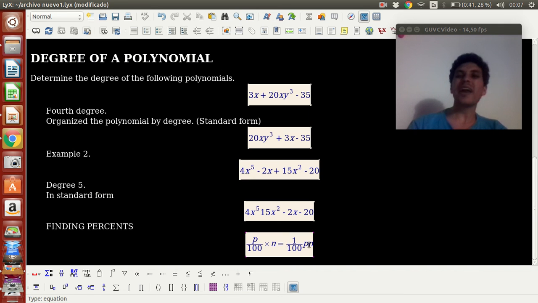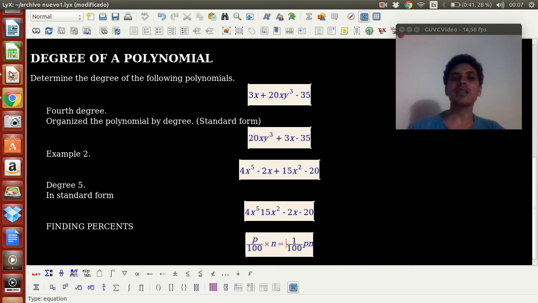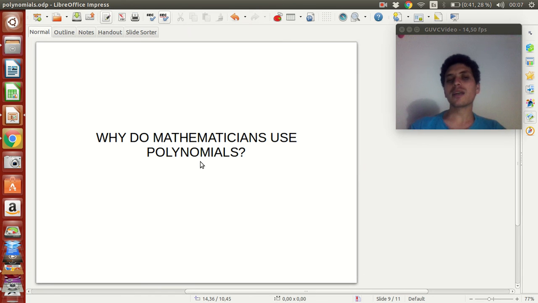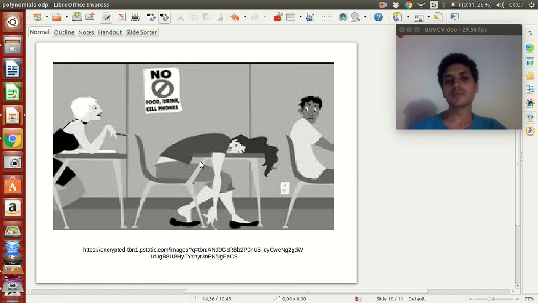So this is why I really enjoy algebra, because to me it helps us make our life easier. We just do the process once and then we can use the monomial or the polynomial. This is why I like algebra. And I really think that mathematicians use polynomials because mathematicians are lazy.